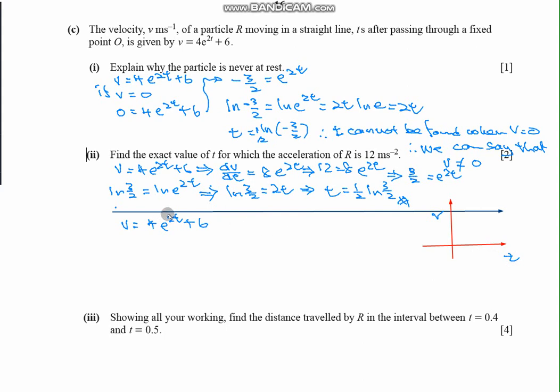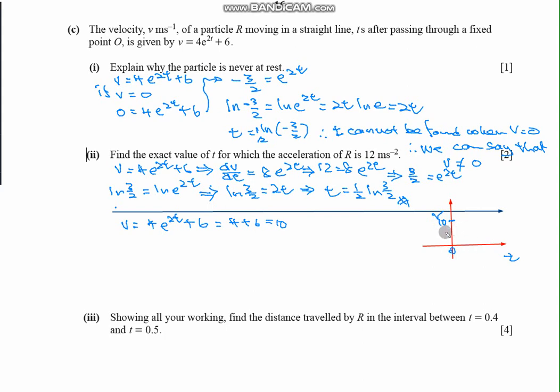Now when t equals 0, v equals 4e^0, and e to the power 0 is 1, so 4 plus 6 becomes 10. So when t equals 0, v is 10.